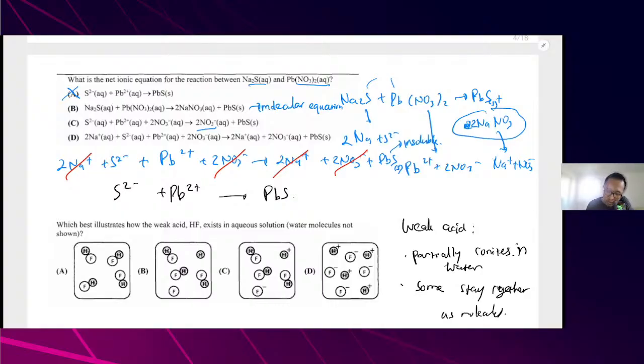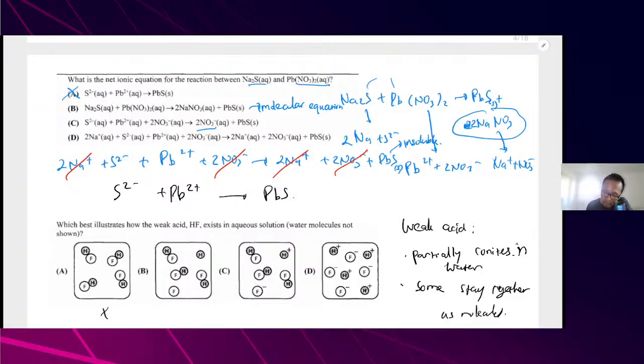Which one is it? The first figure, option A, all of them are intact HF, so there is no ionization. It means it is wrong. How about option B?